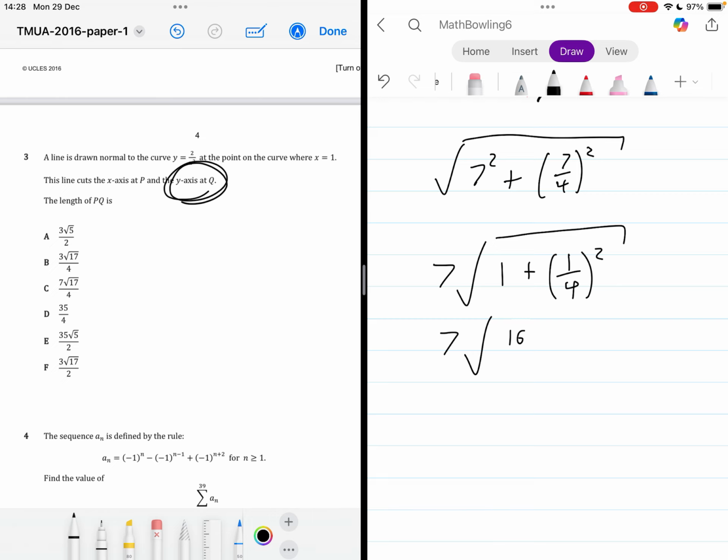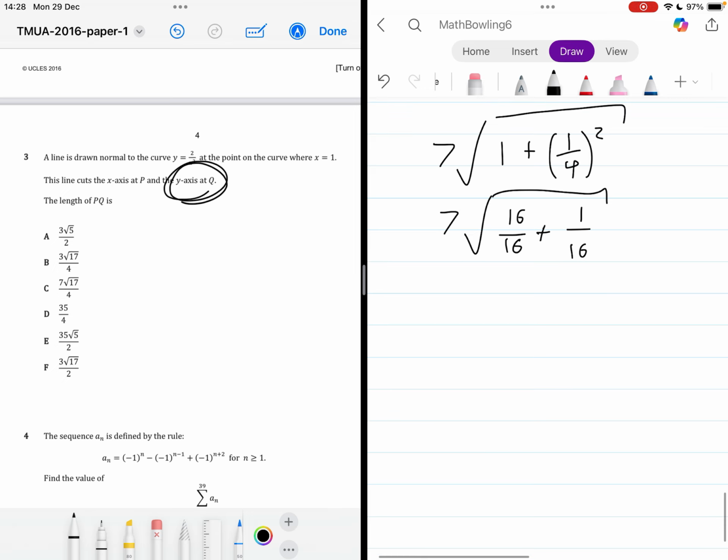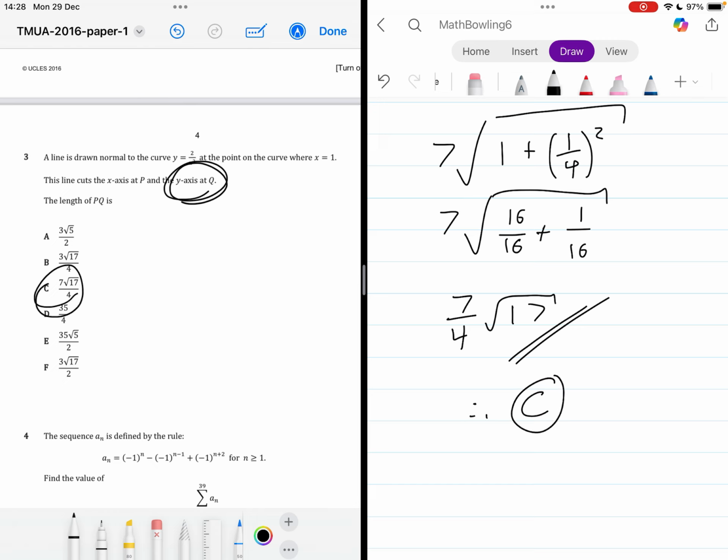Root of 16/16 plus 1/16. And again, we can pull out this factor of 4 from the bottom, the same way we did with the 7. So we've got 7/4 root 17. This is option C over here. So we're going to have C as our answer.